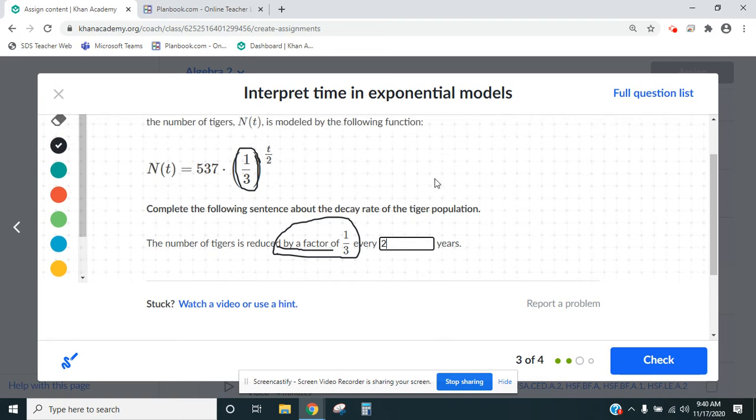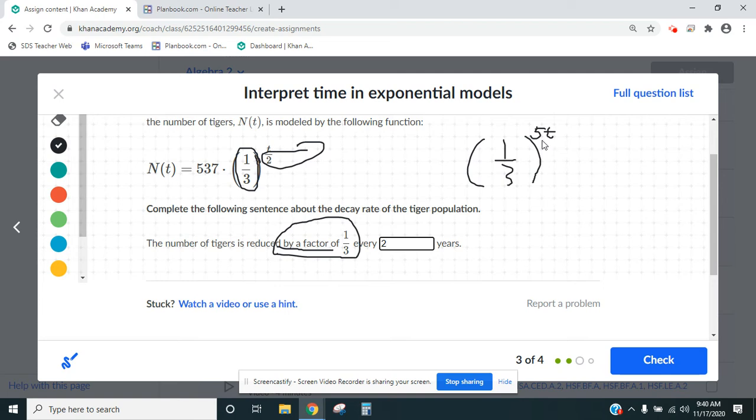Now let me ask you this. What if the exponent was like this? How often does it get reduced? Instead of divide by, what if it was times? What would that mean? This means every 2 years.